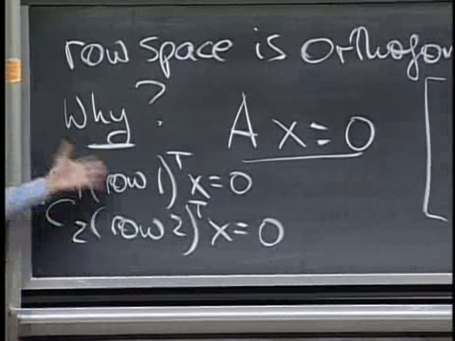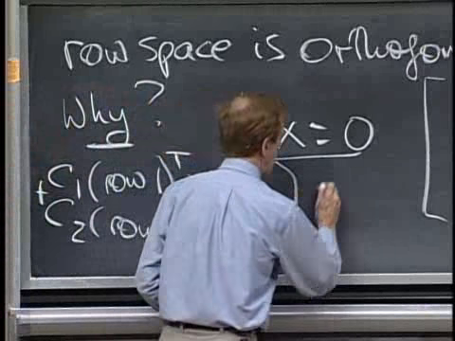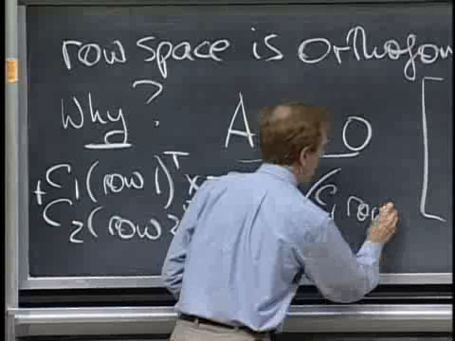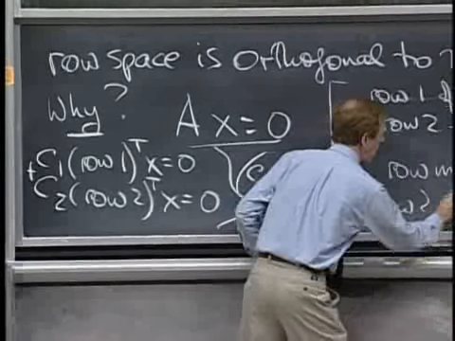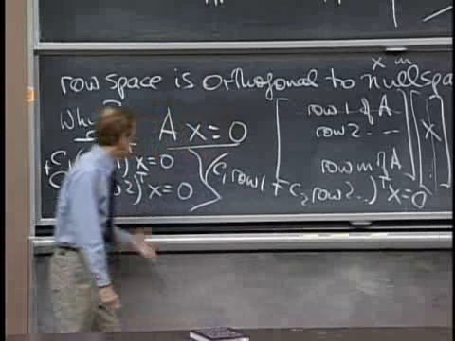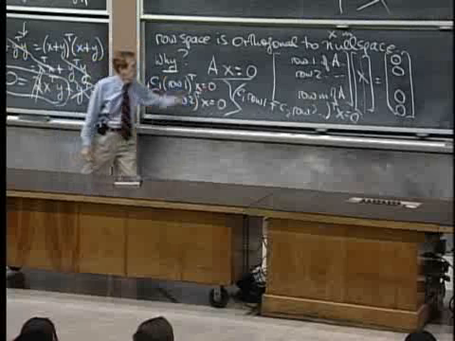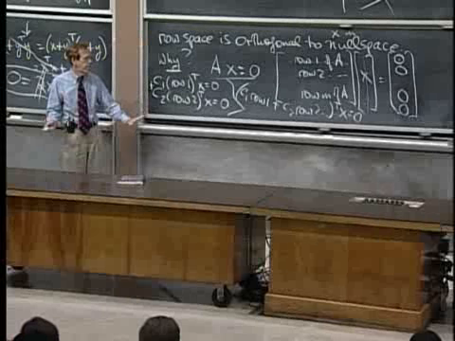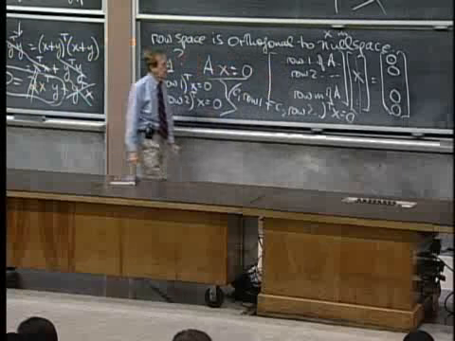So I have c1 row 1 plus c2 row 2 and so on, in big parentheses, transpose x is 0. Right? I just added the zeros and got 0, and I just added these following the rules. No big deal. The whole point was right sitting in that. Okay.